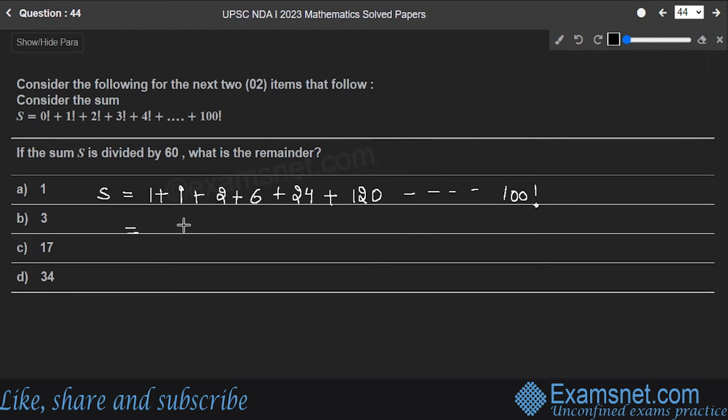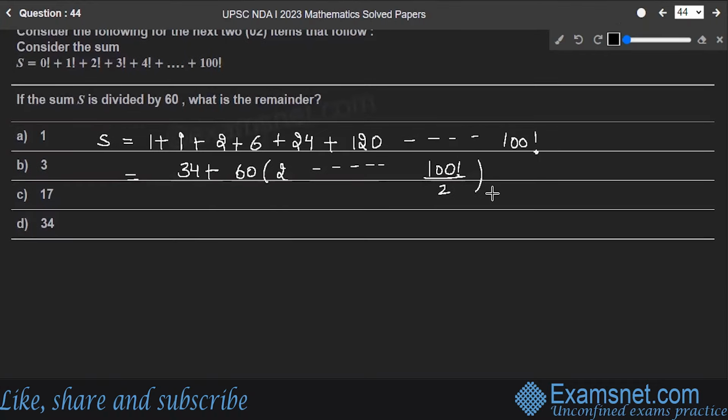Now this will be equal to 34 plus, I'll take 60 common, 2, 100 divided by 100 factorial divided by 2. So now, all the terms starting from 120 to 100 factorial are divisible by 60 for sure. Now, I will take this thing as k.